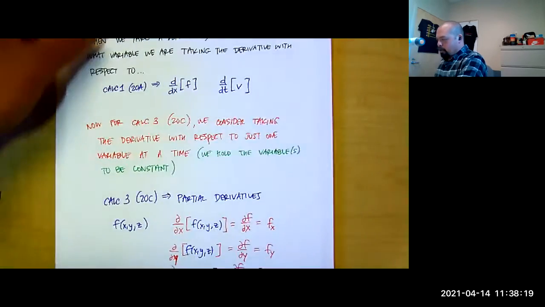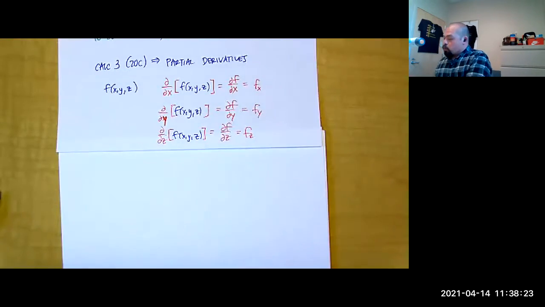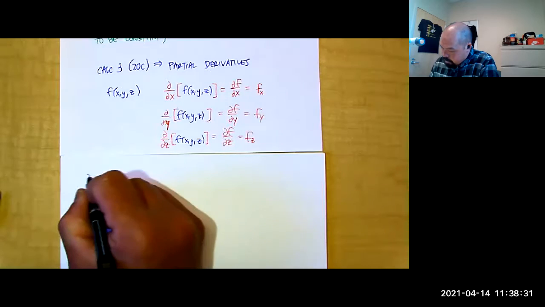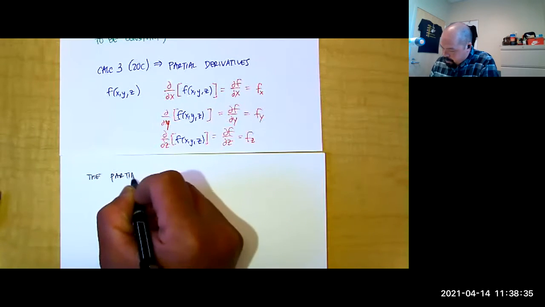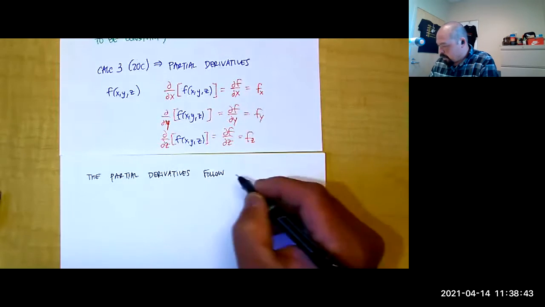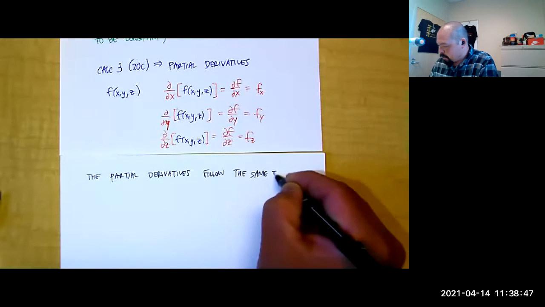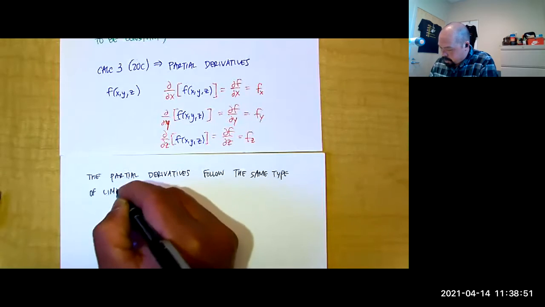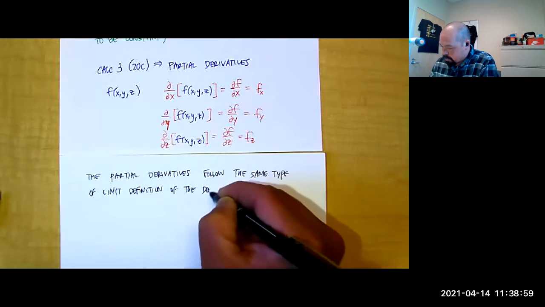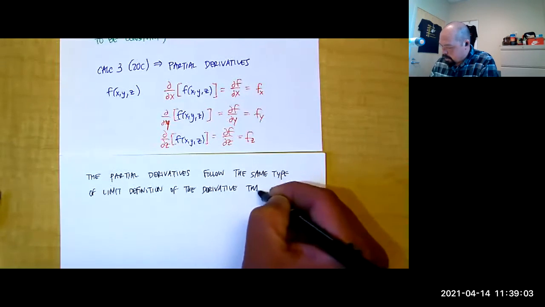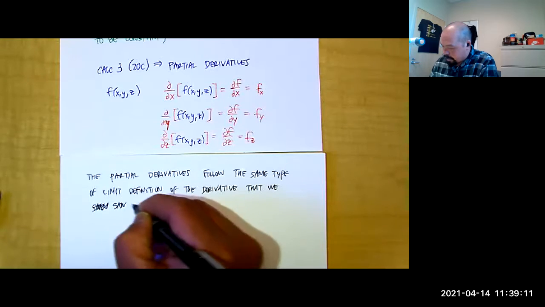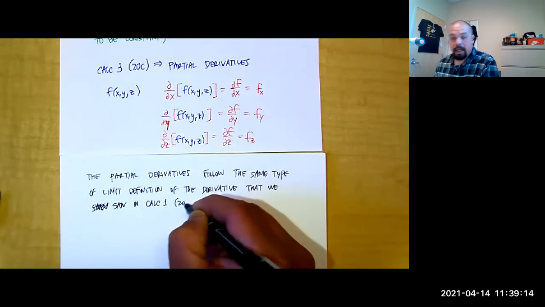And so when we go through this process, the partial derivatives follow the same type of limit definition of the derivative that we saw in Calc 1, Math 20A at MPC.